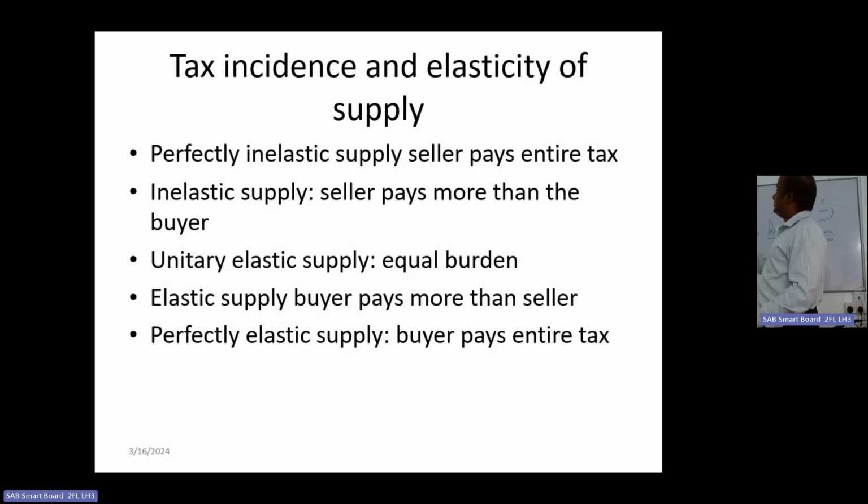With unitary elastic supply the burden is equally shared, and in the elastic supply case the buyer pays more. So likewise, we can identify how the tax burden is shared between the consumer and the producer by drawing the curves.